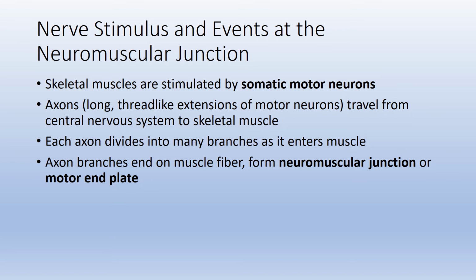Each of those noodles, or each of those axons, will branch as it enters the muscle. And as it branches, it's forming the neuromuscular junction, or the communication point between a nervous structure and the muscle.